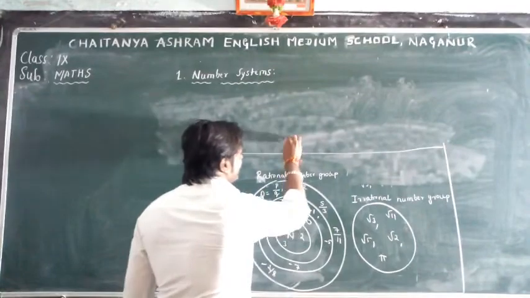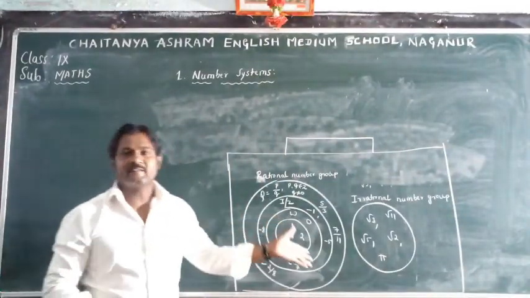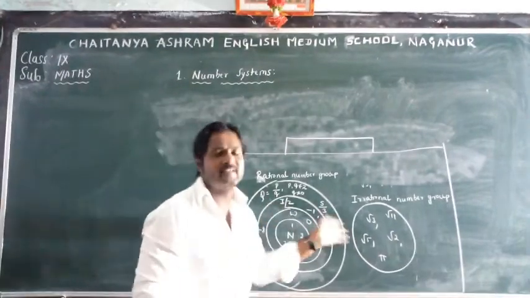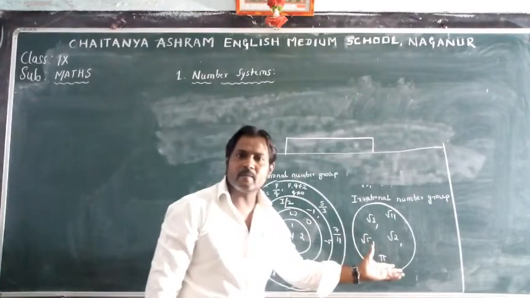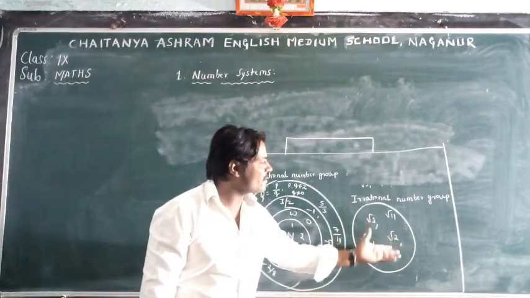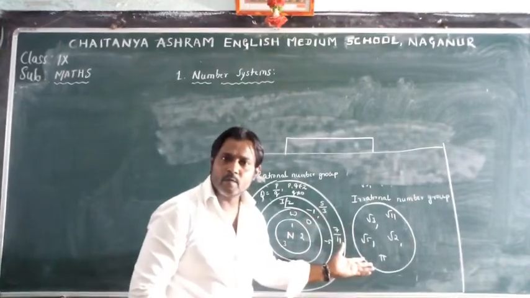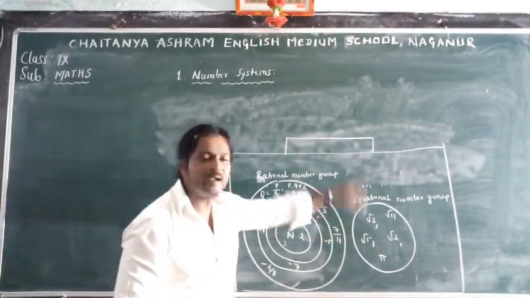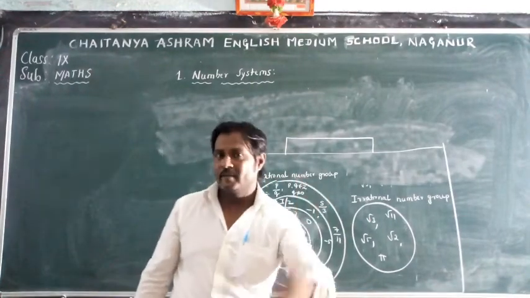So this is the bag. Now I will mix all these. So rational numbers are mixed with irrational numbers. In other words, irrational numbers are mixed with rational numbers. All are combined here.